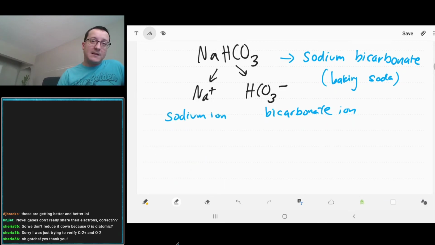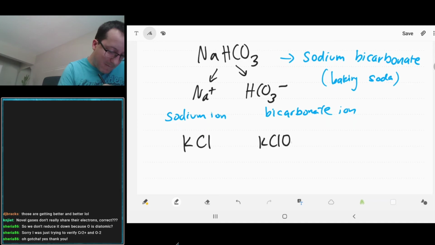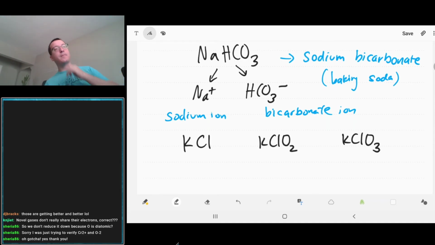So with that being said, let's do a few practice ones. One thing to notice is if you ever have more than 2 elements, at least one of them is a polyatomic ion. So KCl is just potassium ion chloride ion.